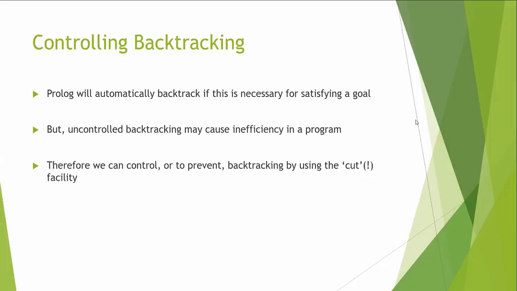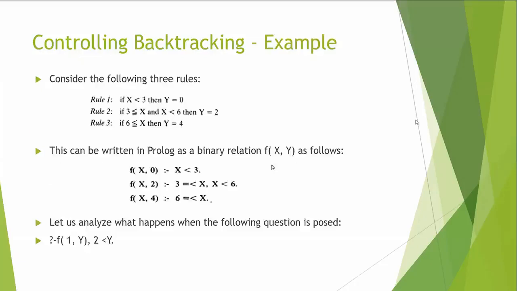Where backtracking is needed, there is no use of it. But when you can guess that in this situation you can prevent Prolog from backtracking, then you can use this cut. Okay. Now let me show you some examples.